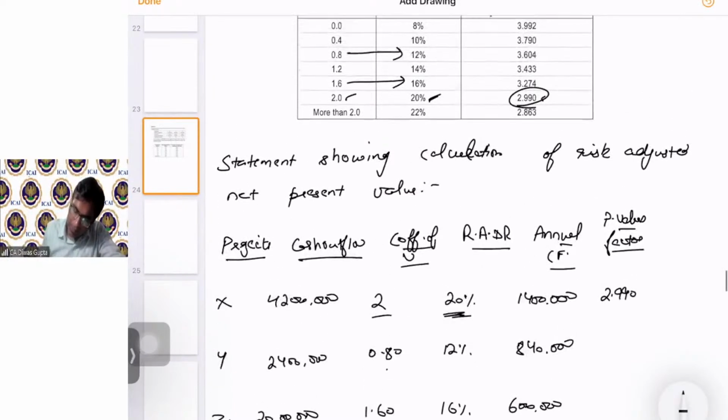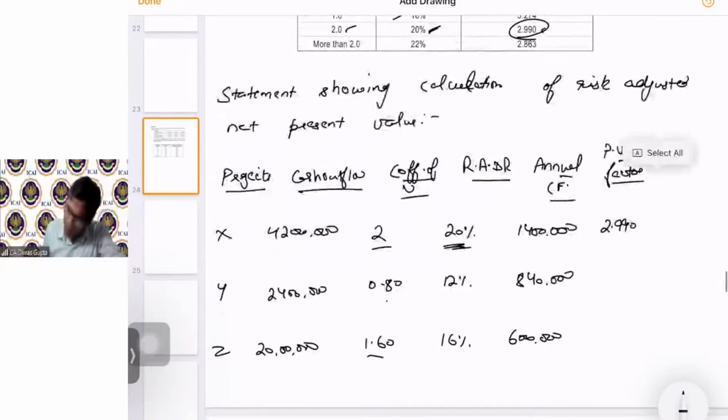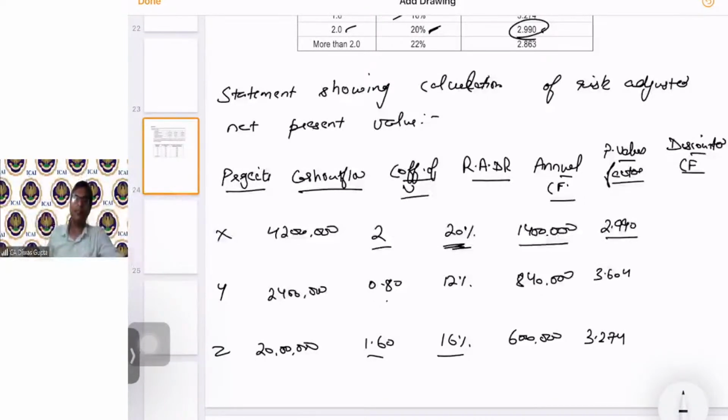Then basis 12%, it becomes 3.604. And basis 16%, it becomes 3.274. So the discounted cash flow will be 2.990 multiplied by 14 lakhs, which is 41,86,000.